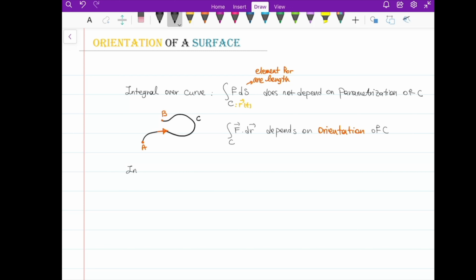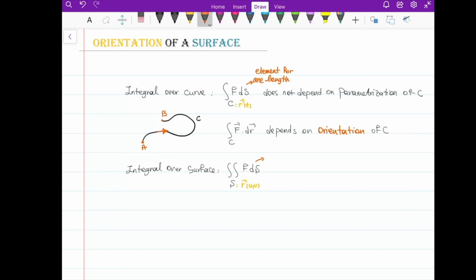Now, if we take the integral over a surface, we show it by the double integral of f dS over surface S. So we parameterize the surface S by parametric equations r of u and v with two parameters.